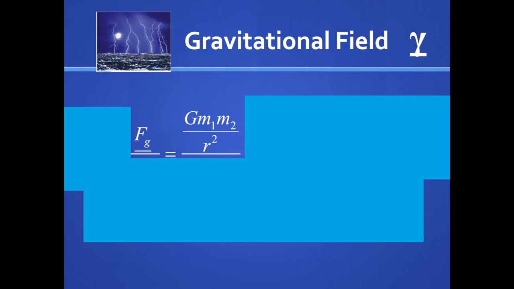Electrically, though, charges can be either zero, positive, or negative. With mass, there's only zero and positive, but with charge, there's negative, zero, and positive. And that means that the electric force can point in one of two different directions.